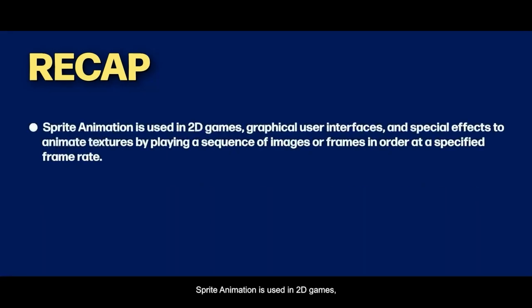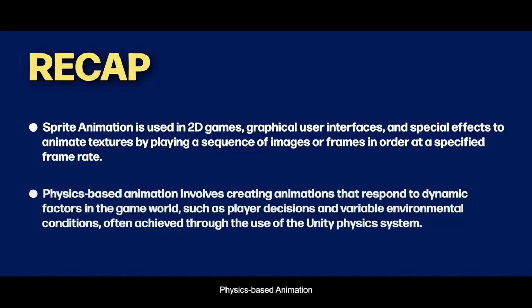Sprite animation is used in 2D games, graphical user interfaces, and special effects to animate textures by playing a sequence of images or frames in order at a specified frame rate. Physics-based animation involves creating animation that responds to dynamic factors in the game world such as player decisions and variable environment conditions, often achieved through the use of the Unity physics system.